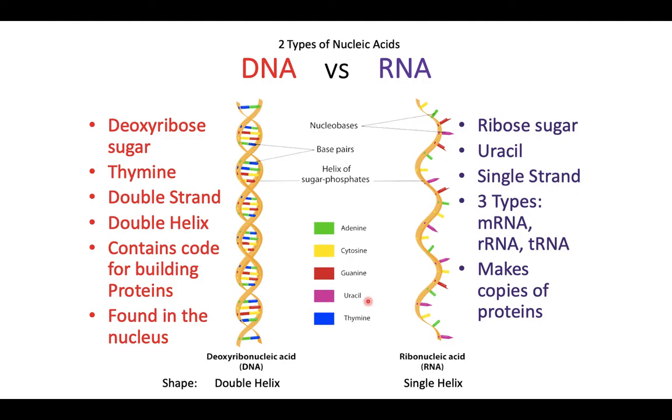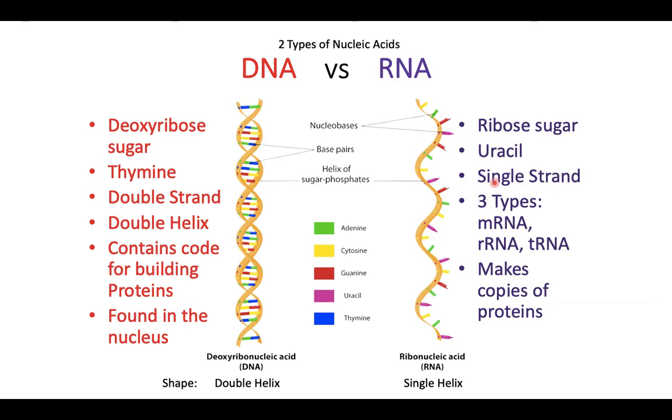So notice how there is no T, there is no thymine in RNA. So the big difference is that RNA contains uracil as that 4th base, and DNA contains thymine as that 4th base. As far as the number of strands, DNA is double-stranded and RNA is single-stranded.